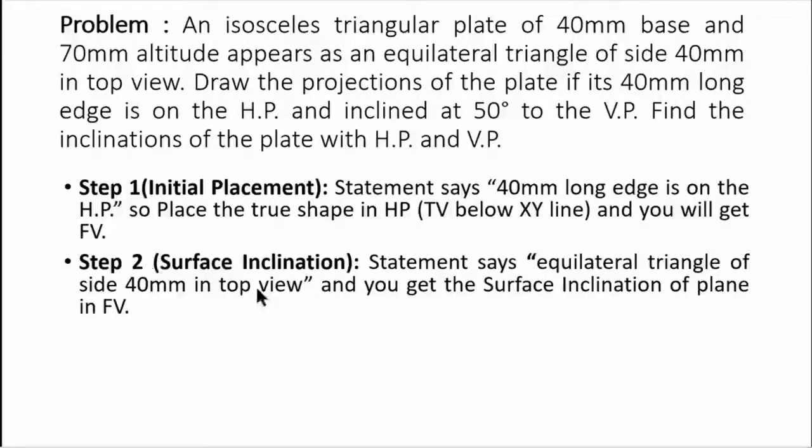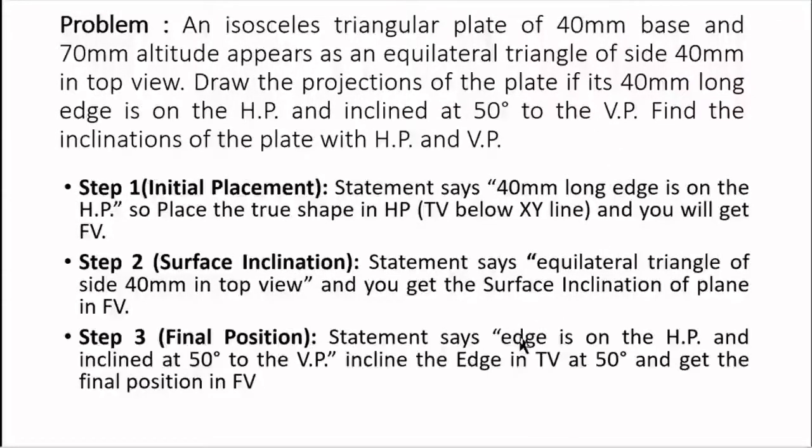And finally I check for any other inclination. Here the edge on HP is inclined at 50 degrees to VP, and I use this to obtain the final position. So we have 3 stages in which we will complete the problem.